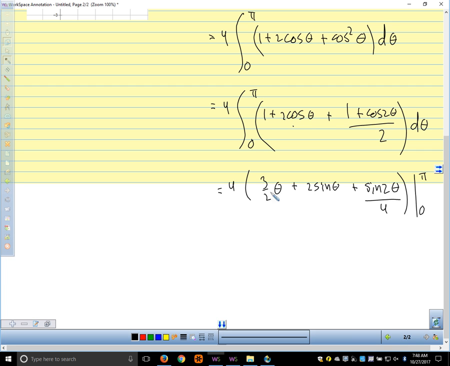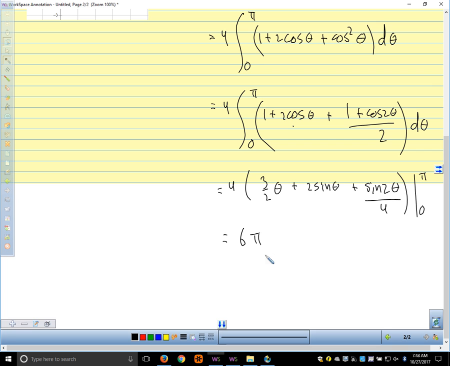For that one, be careful, again, when you're evaluating definite integrals in polar coordinates, because trig functions have values when theta equals 0. So don't just say, oh, it equals 0, I can ignore it. When we evaluate it, this comes out to 6 pi.